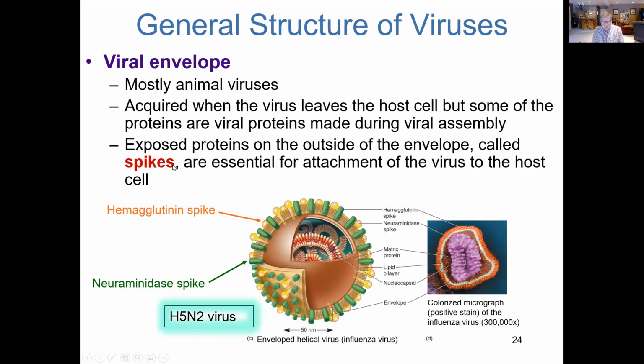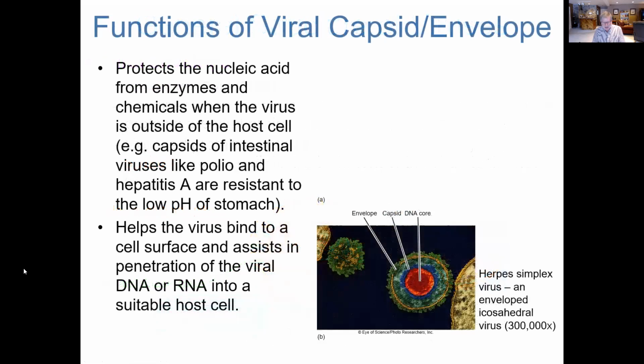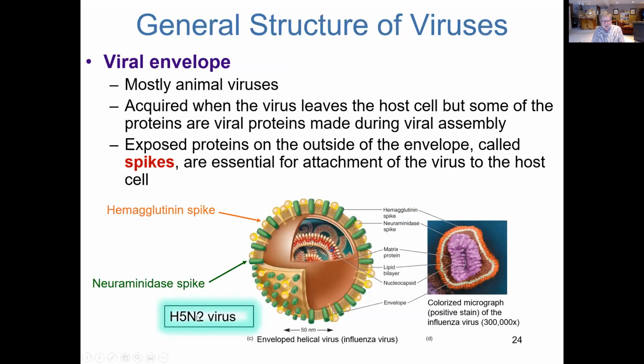We've talked about the spikes before. They have special names, they have special numbers. A few years ago, the H2N2 virus, I forget now, was real common. There's a whole host of different permutations of this. What these letters and numbers refer to, H stands for hemagglutinin, which would be in this case the yellow spikes, and neuraminidase is actually an enzyme. I know that because it ends in ASE. Those are the yellow spikes.